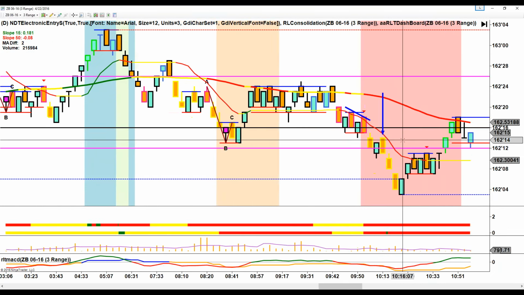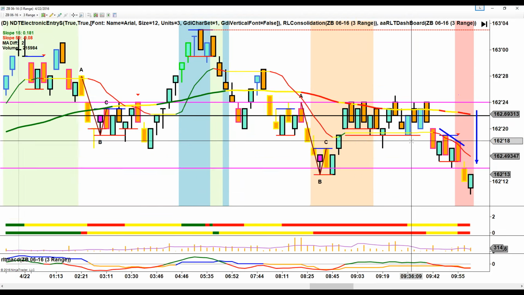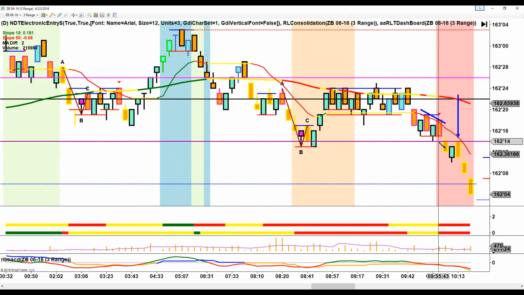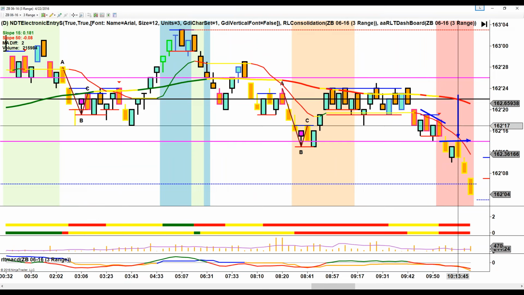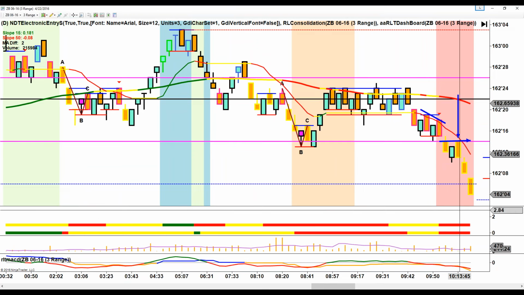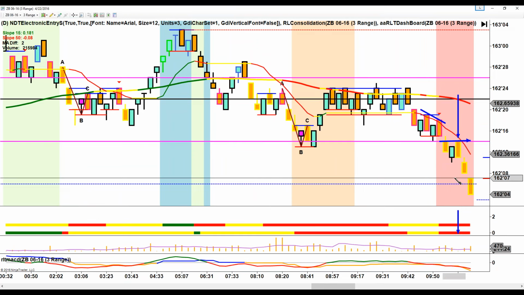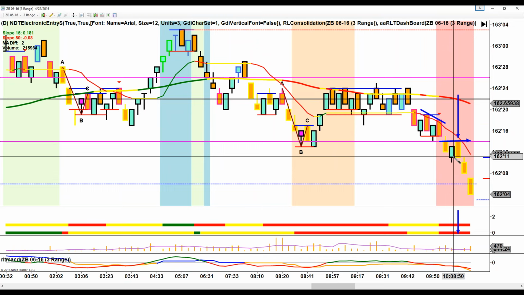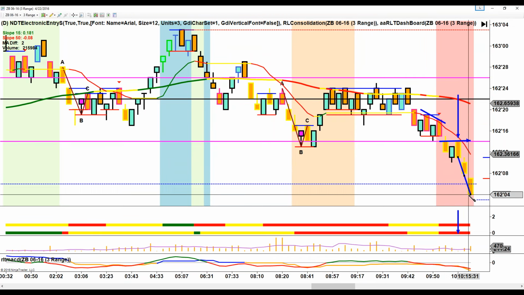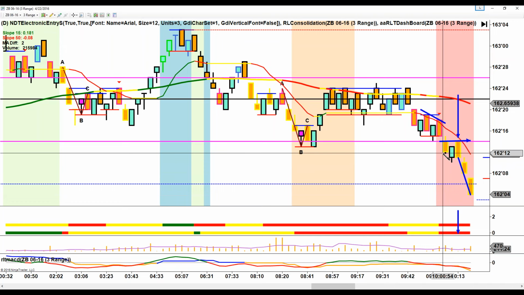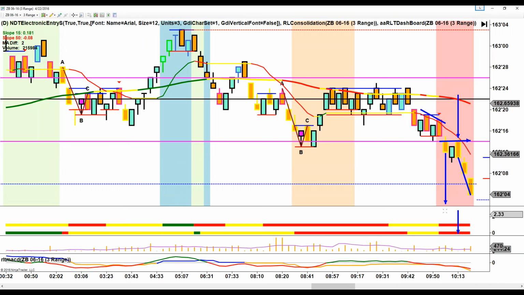Here's another one. Already have the blue line attached to it. Dual resistance right here. This is your audible alert. Plenty of time to get into this trade because the audible alert is going to occur here when the background bias turns dark red, dark pink, and you get dual quants and you get the modified 15 red.